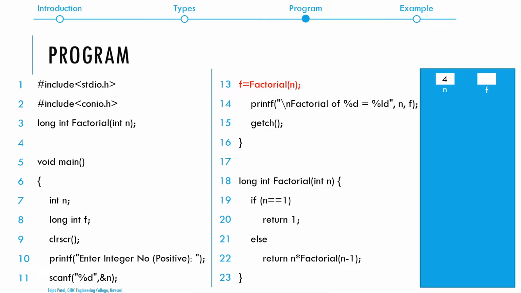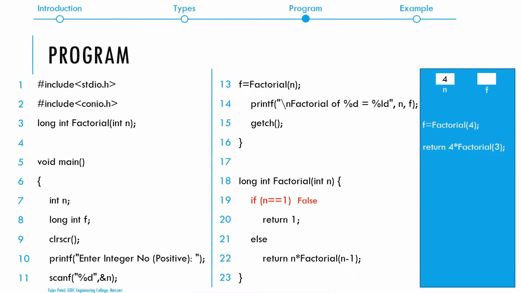Upon execution of statement, it will jump to line number 19, which is first line of function definition. Executing a statement will check the condition, which is 4 is equal to 1. Since value of n is equal to 4, the condition is false.